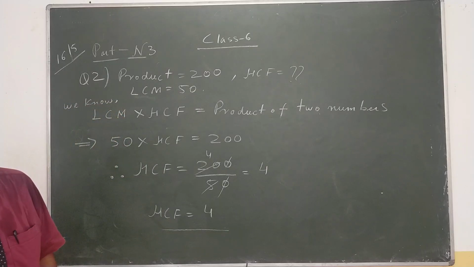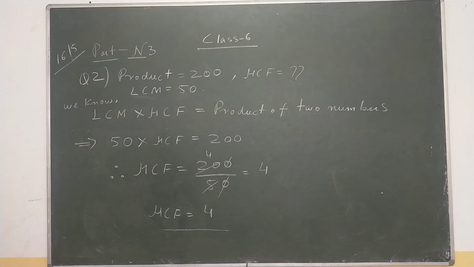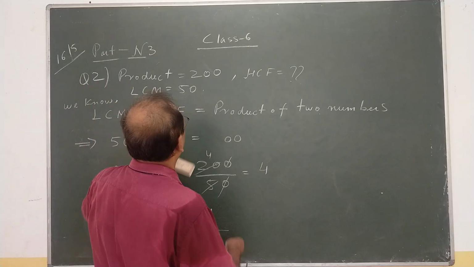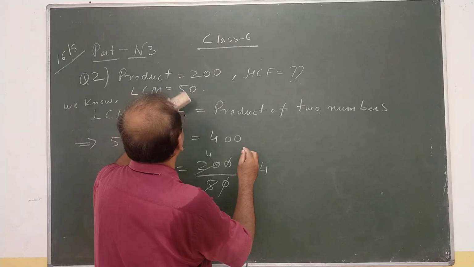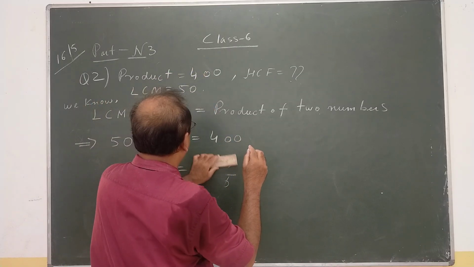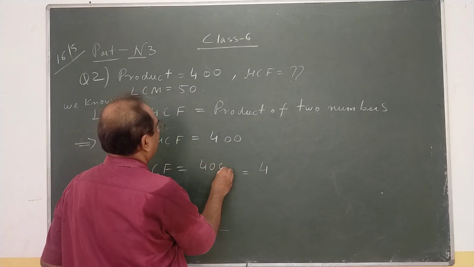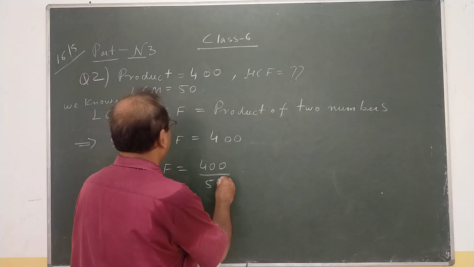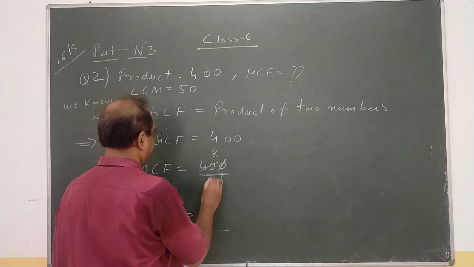So kindly pause the video and copy. Then we move on to the next. Sorry, in this question the product is 400, children. I saw something else. I must have seen some other question. So here 400 by 50 will be 8.